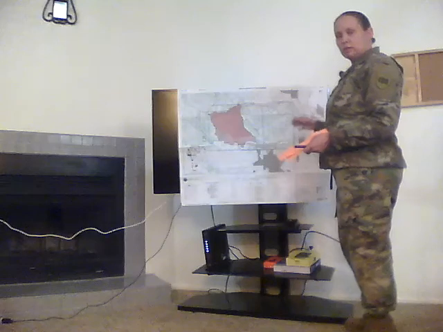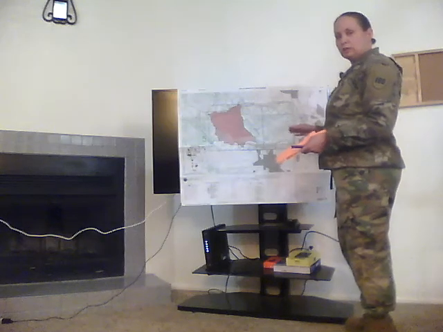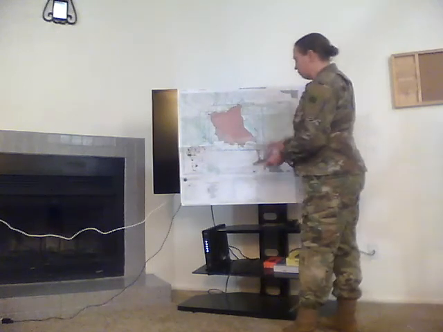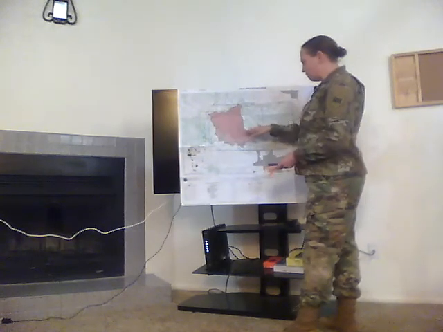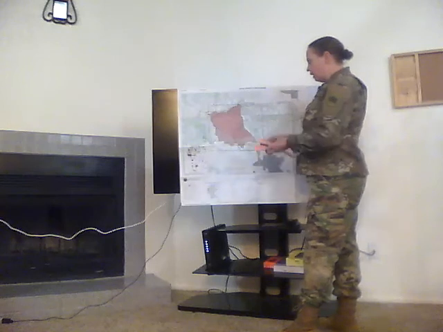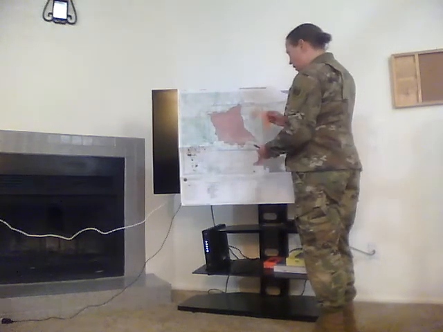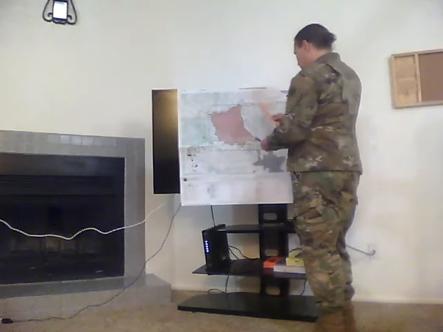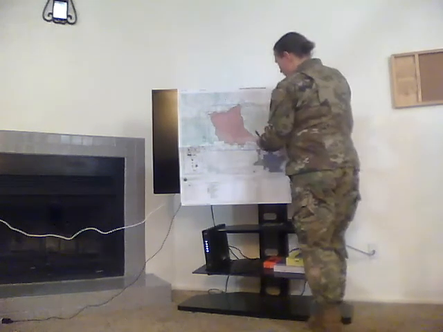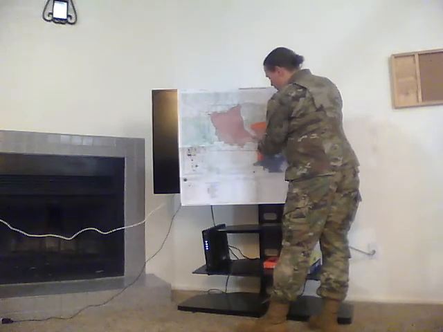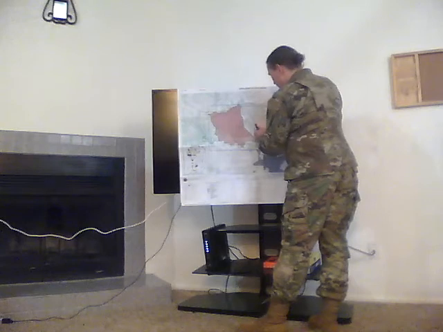We're going to determine the straight line distance between 2 points on the map, which I have already pointed out up here. You take one strip of paper and go from point A to point B, and literally mark it on your paper.